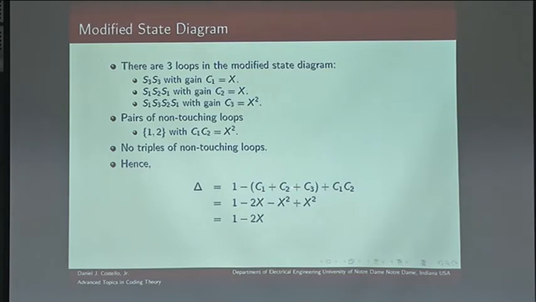These 3 are an x, an x, and an x squared, so we get a minus 2x and a minus x squared. We're not doing modulo 2 arithmetic here. This is real arithmetic, because we're just counting. Then the product of the loop gains is x squared, and these cancel, and you just get 1 minus 2x. So it's not bad.